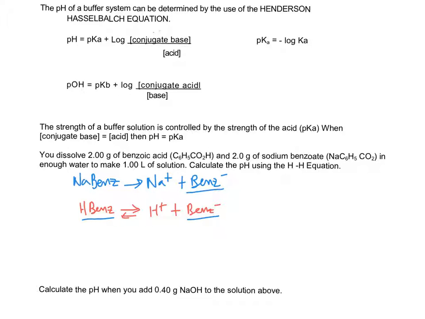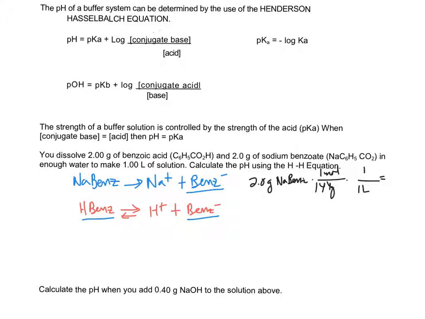Now I'm given grams, so I'm going to go ahead and convert to moles and then to molarity. So I'll do that on the side here. If I have 2.0 grams of my sodium benzoate, 1 mole of sodium benzoate, if you add them up, is 144 grams, and then I'm going to divide by a liter.